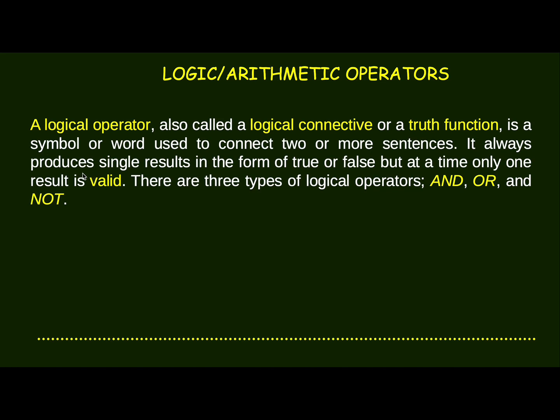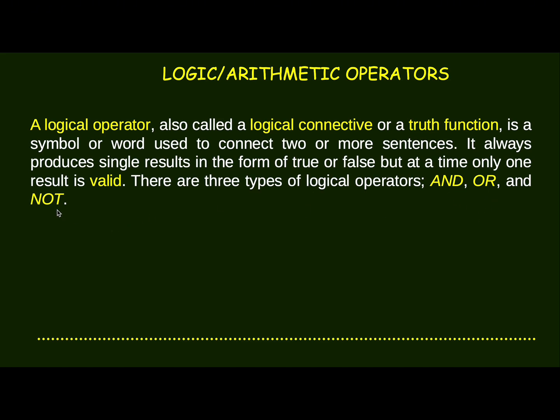It always produces a single result in the form of true or false, but at a time only one result is valid. There are three types of logical operators, and they are and, or, not.